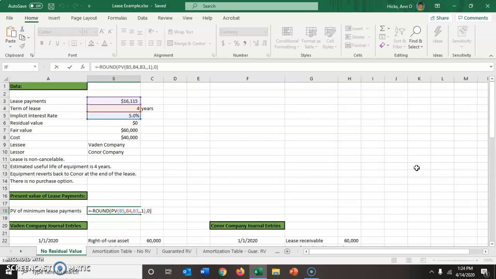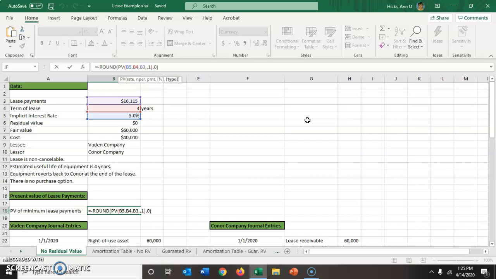Also notice in my formula that I have included 1 at the end. Remember that 1 or 0 in an Excel present value calculation indicates whether you are dealing with an ordinary annuity or an annuity due. In our situations in the past, when we were dealing with interest, invariably it was an ordinary annuity, because interest is typically paid at the end of the period to which it relates.